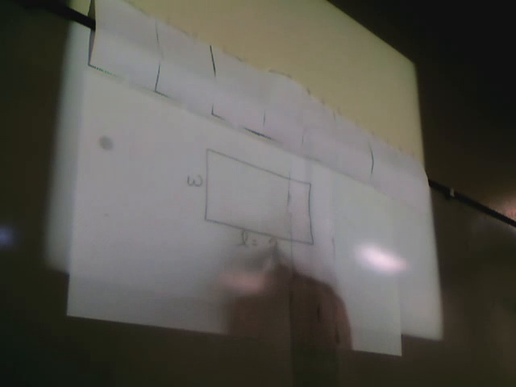If the word problem tells you that the picture frame is twice as long as it is wide, here's your width, and the length is twice the width, so you're going to put 2 times W.